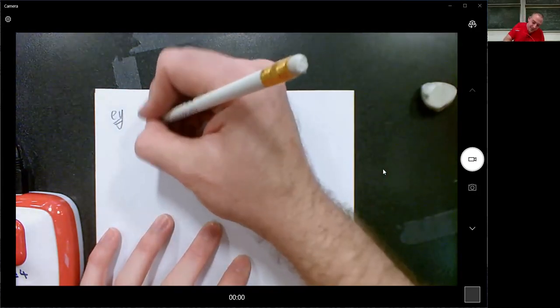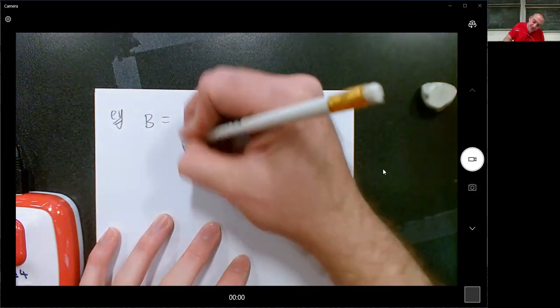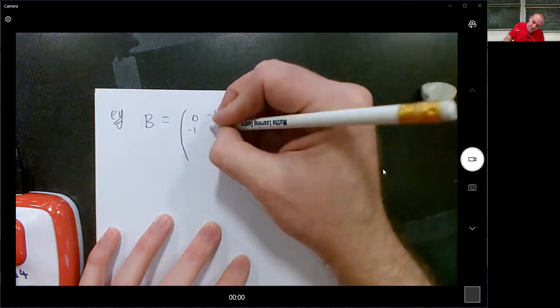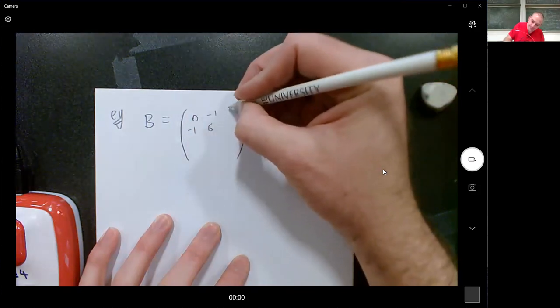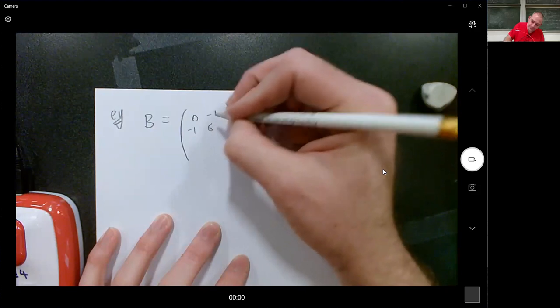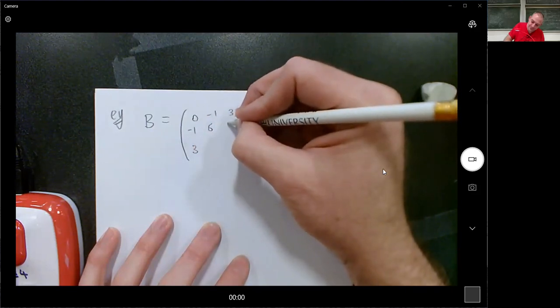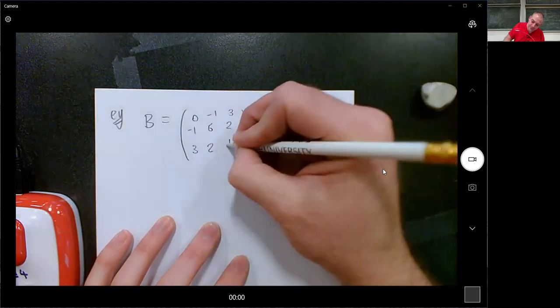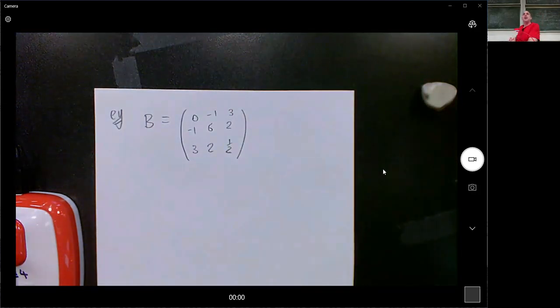I'm going to call it B today. This is a perfectly good symmetric matrix.